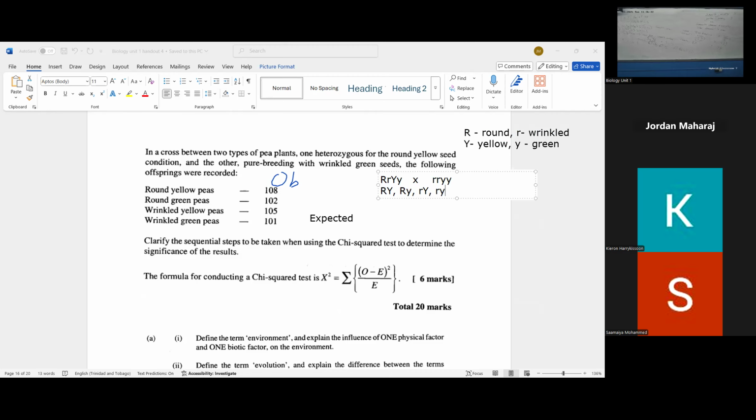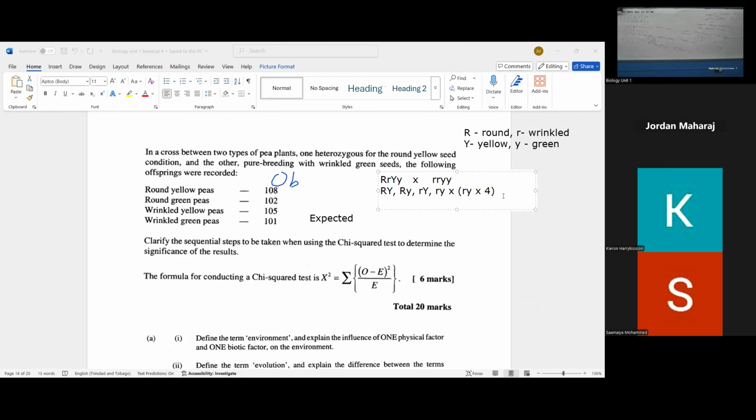So we have four possible gametes. Now remember, each gamete has to recombine with each other. So even though there is only one possible gamete for the homozygous recessive, I still have to use four of it. So it'll be ry, times 4.